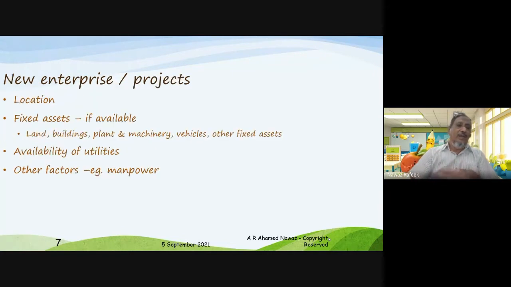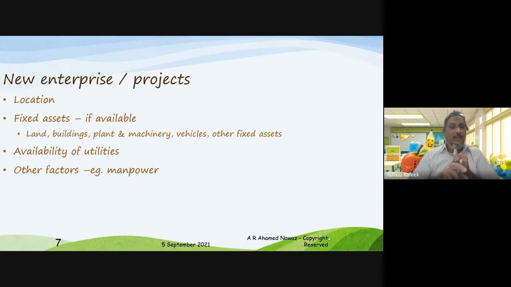Okay. For a new business or a project, especially project lending, new enterprises, certain information is very vital. The location: whether the location is viable. What are the infrastructure facilities available?